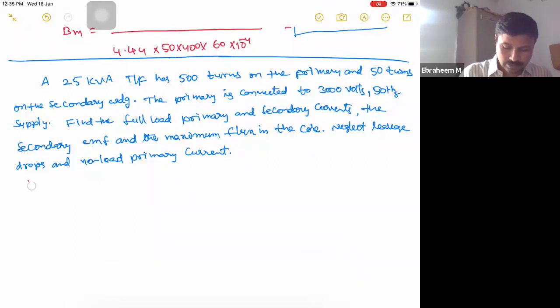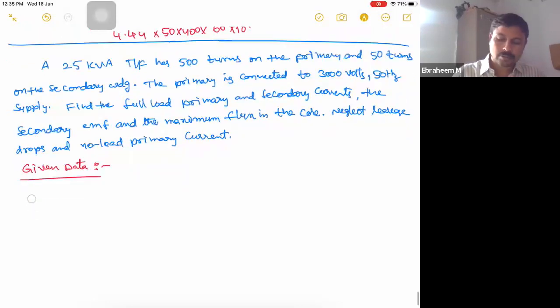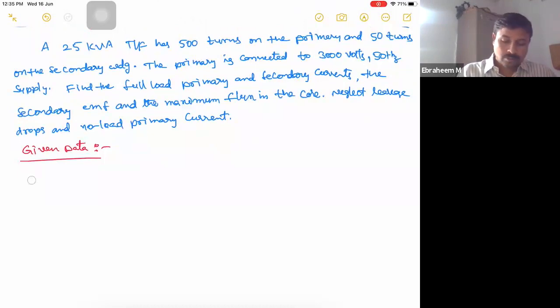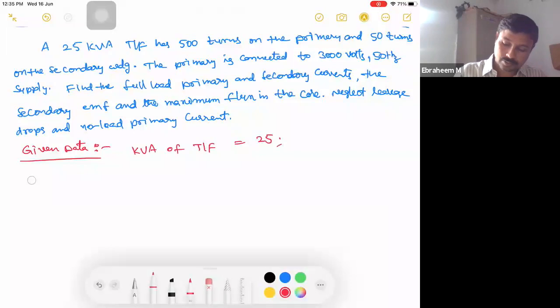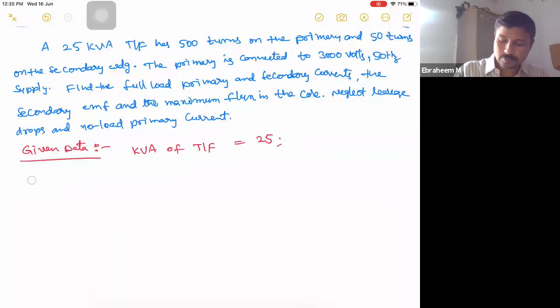So note down the given data. kVA of transformer is equal to 25. I will explain what is kVA. kVA is nothing but V into I by 1000.